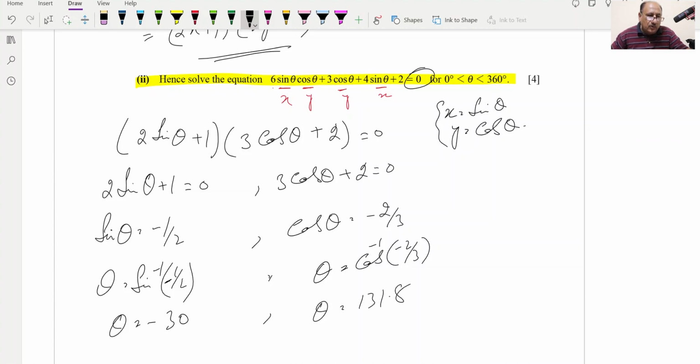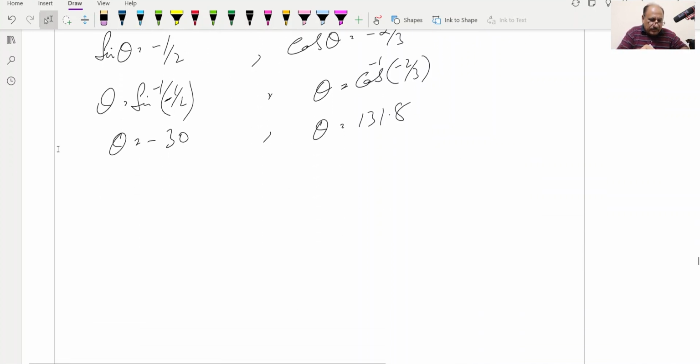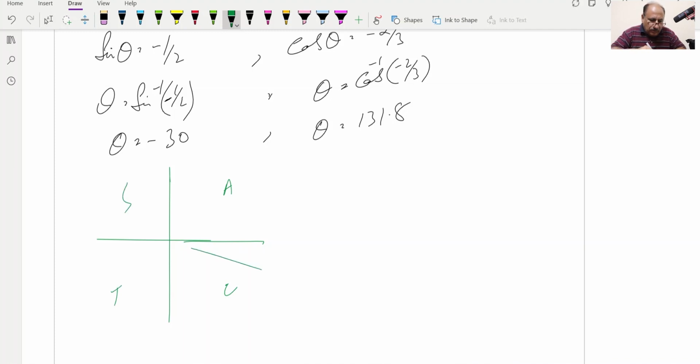Now after this, what we can do is check the graphs, and for sine theta we can check the quadrants, and basically this will be ACTS, and minus 30 will be over here, and for the negative we can take the other value.